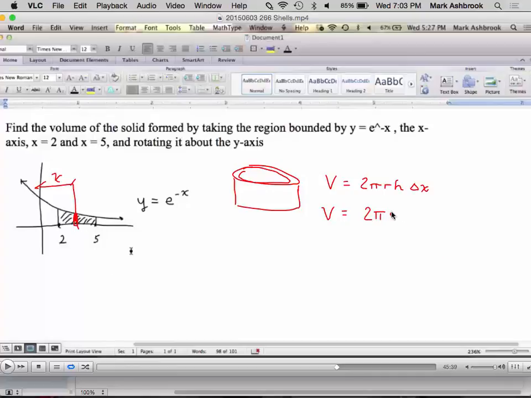So it's 2 pi x. The height is just y. So it's going to be 2 pi x e to the minus x delta x. That's the volume of a typical shell.